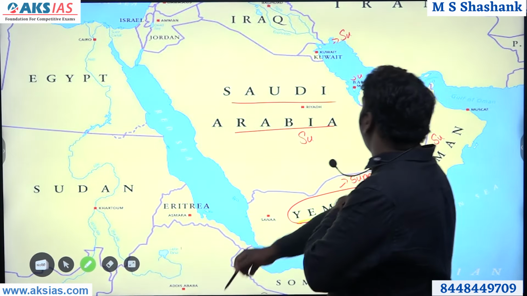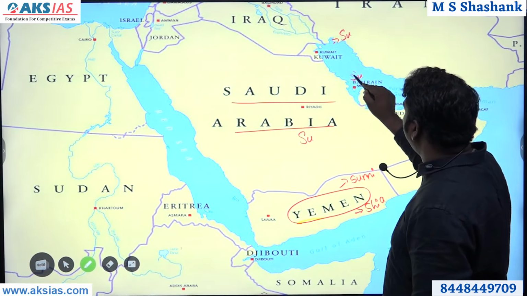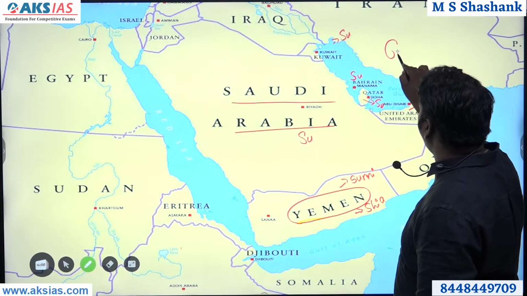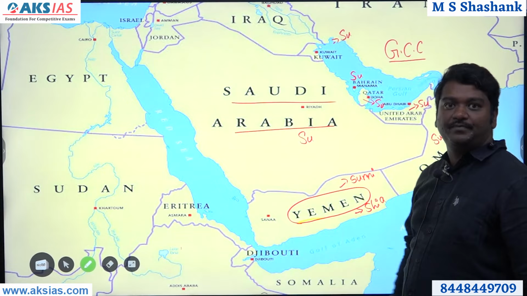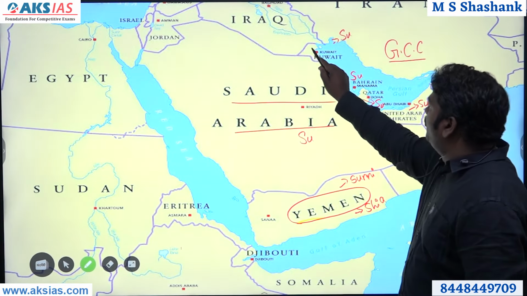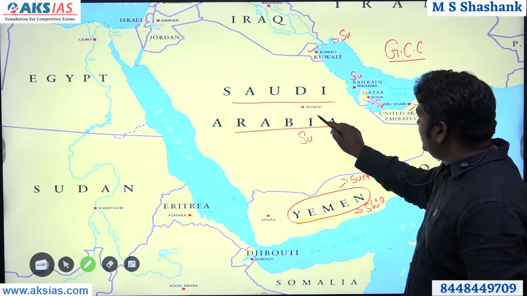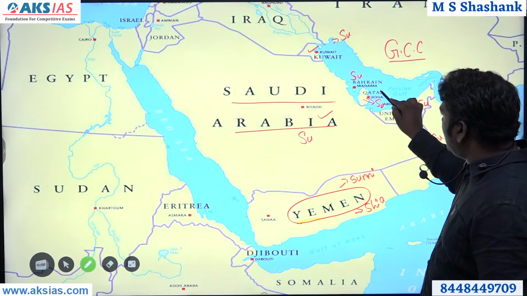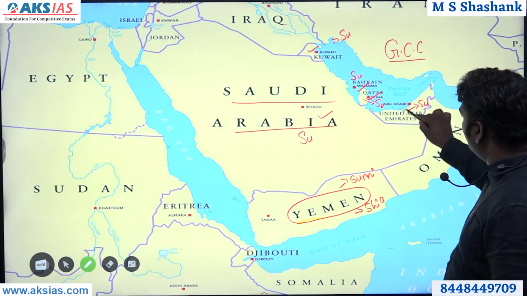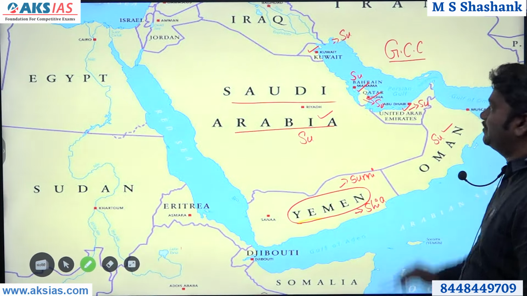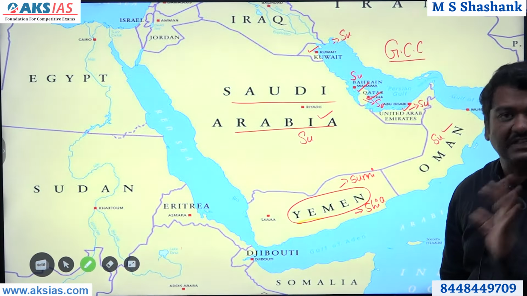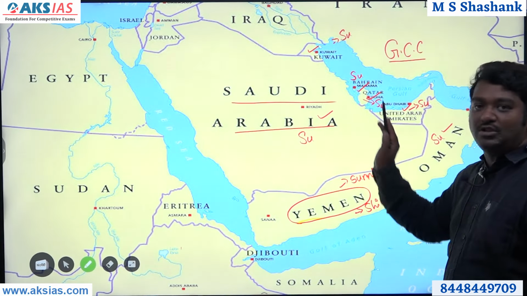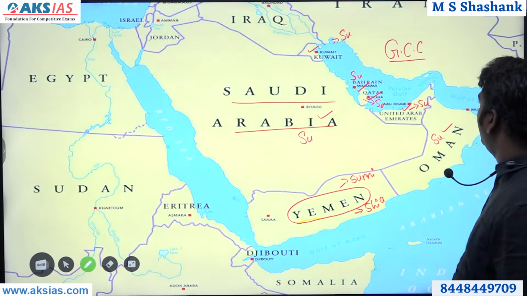Now this Sunni group, they have established what we call the Gulf Cooperation Council. Right? Kuwait, Saudi Arabia, Qatar, Bahrain, UAE, Oman. These 6 countries are part of GCC. So there can be a question on this particular aspect as well.